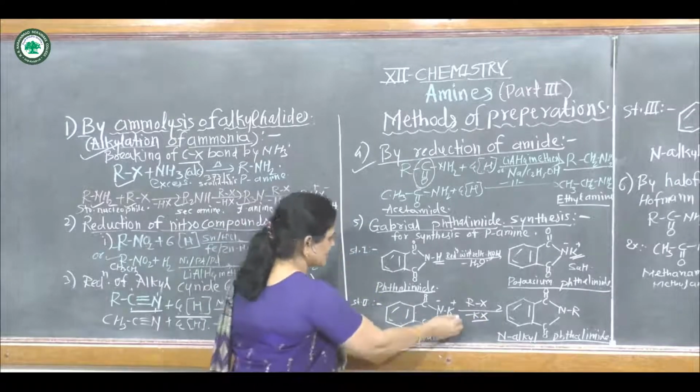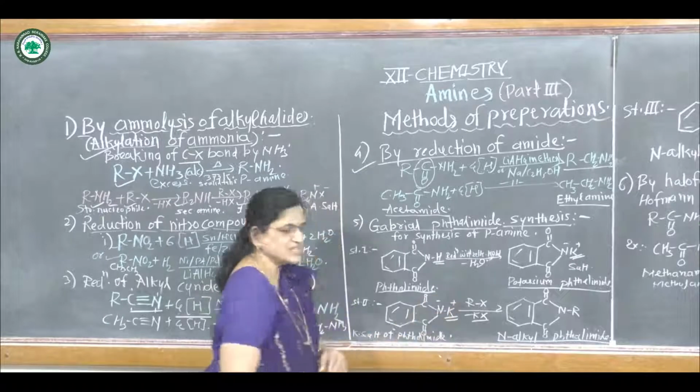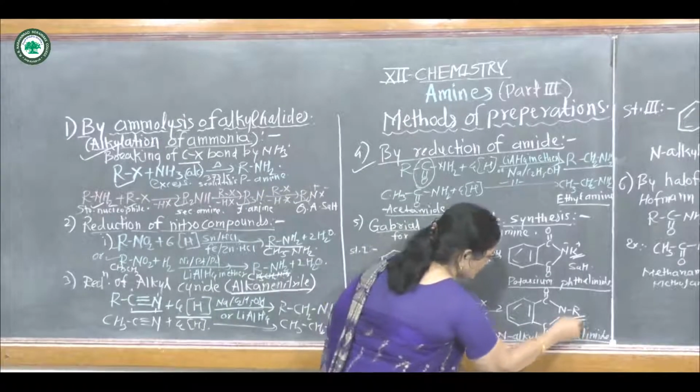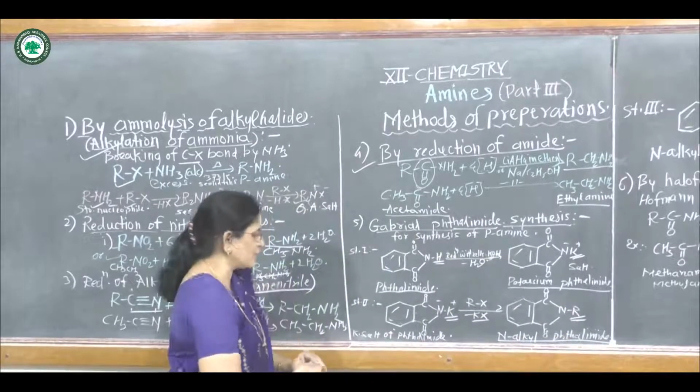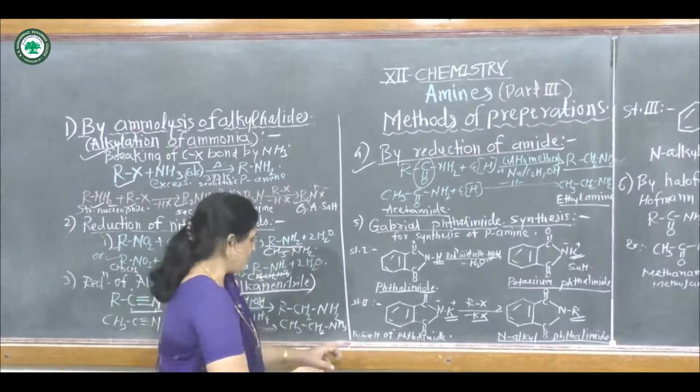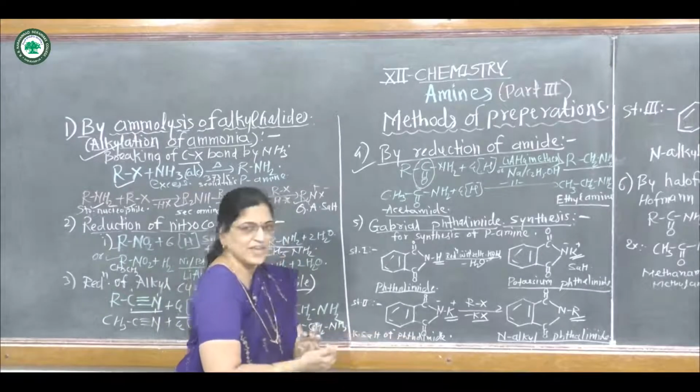That means the potassium attached on this nitrogen atom gets replaced by an alkyl group, and it forms N-alkyl phthalimide.